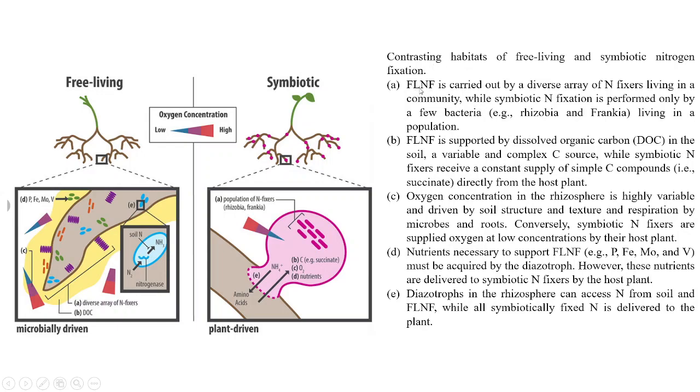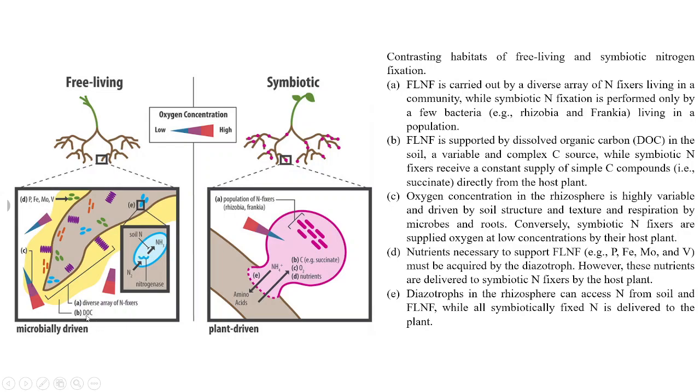FLNF is nothing but free living nitrogen fixer. It is carried out by a diverse array of nitrogen fixers living in a community, while symbiotic nitrogen fixation can only be performed by a few bacteria, very popular but very rare bacteria like rhizobia and Frankia, and they live in populations. Free living nitrogen fixation is supported by dissolved organic carbon in the soil.